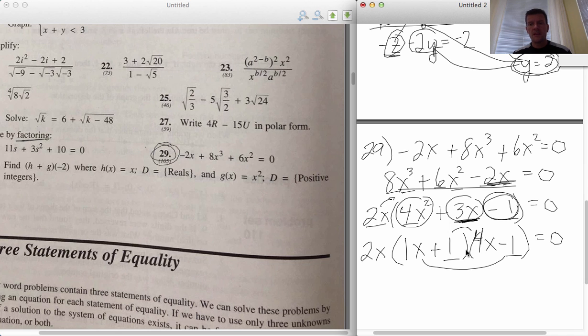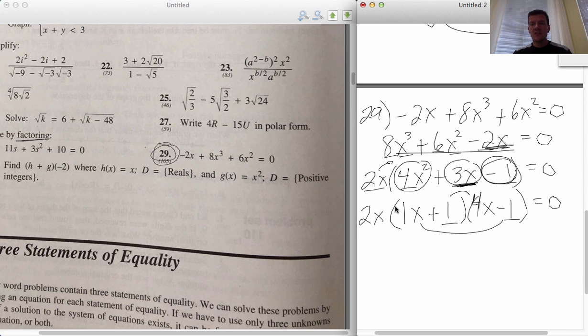Okay? Now what we do is, any of these three parts can produce a 0, and when you multiply them all together, you'll get 0. So you look at this and say, okay, what if this first part is 0? What if the second part is 0? What if the third part is 0?